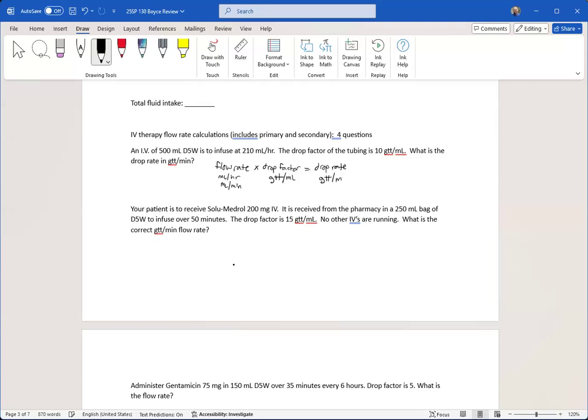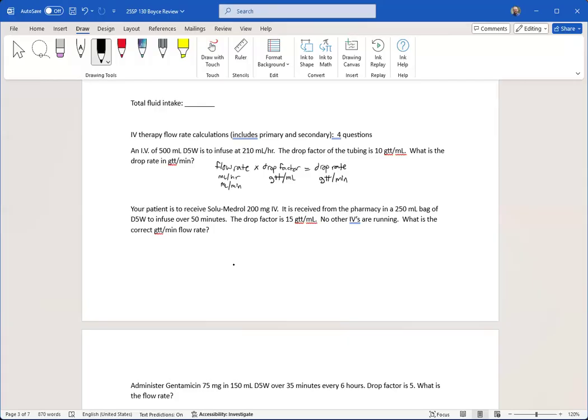Now this does get a little bit confusing, because I was looking at questions earlier for some of the other semester classes, and you might have a question like, calculate the drip rate for this heparin. But what they're looking for is milliliters per hour.